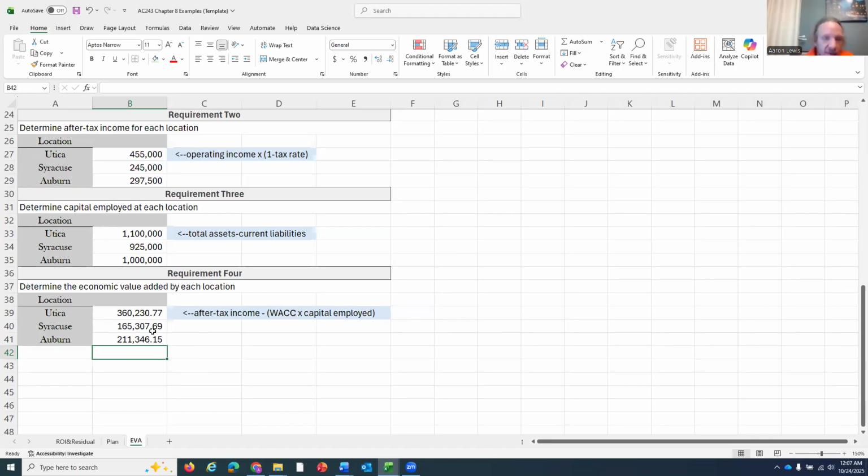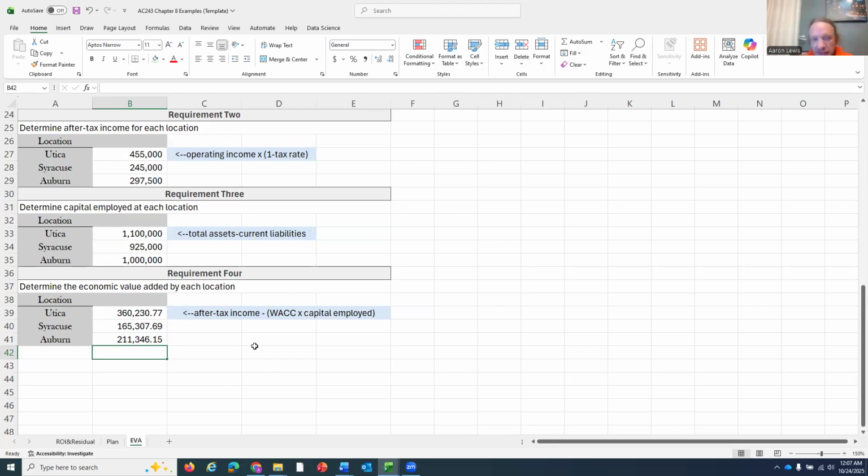So what is the most profitable location that we have? It's Utica, by far. Utica is almost as good as Syracuse and Auburn combined because Utica is generating a much higher level of after-tax income compared to the assets that they have to work with.